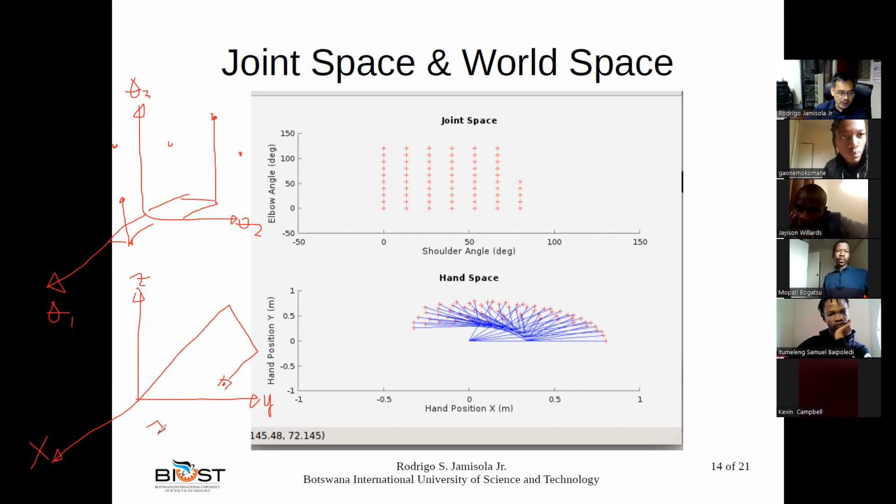Maybe the hand moves here, then somehow the hand moves here also, depending on the coordinates of the joints. So again, the joint values will result in hand positions. In this case, joint values of theta 1, theta 2, theta 3 will result in X, Y, and Z of the hand.